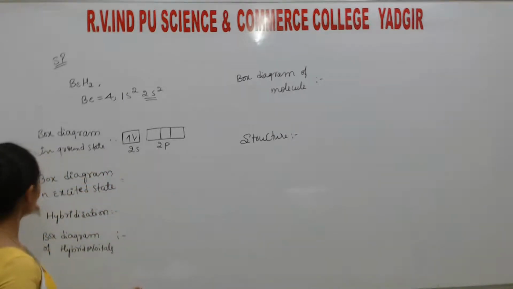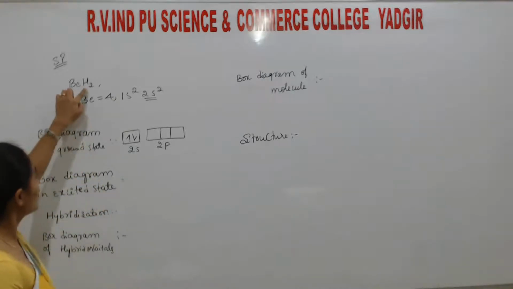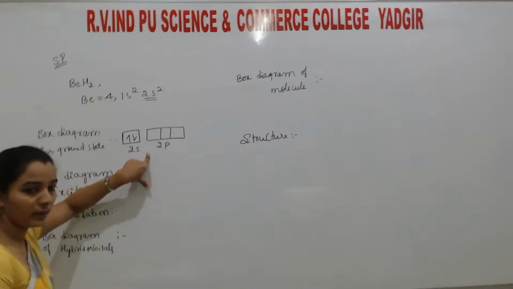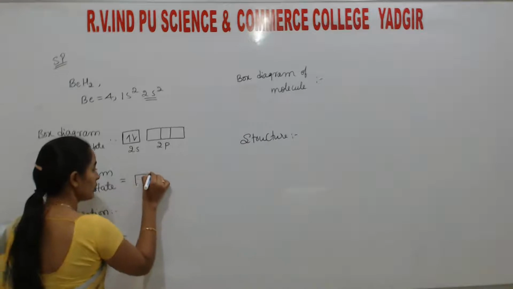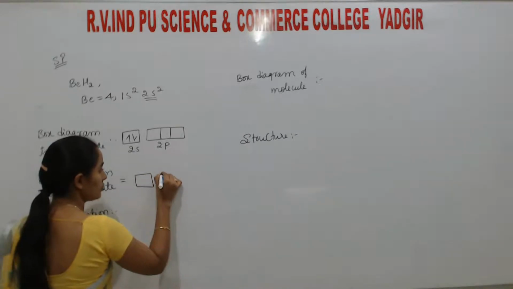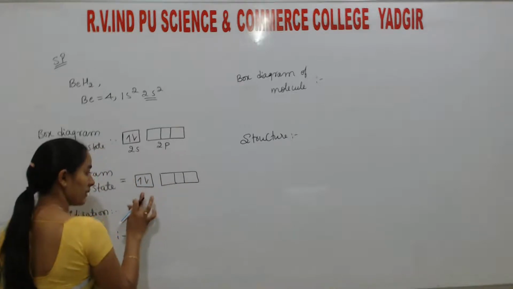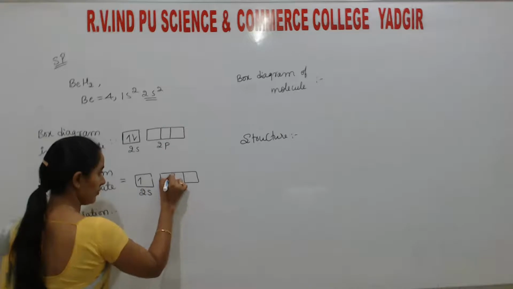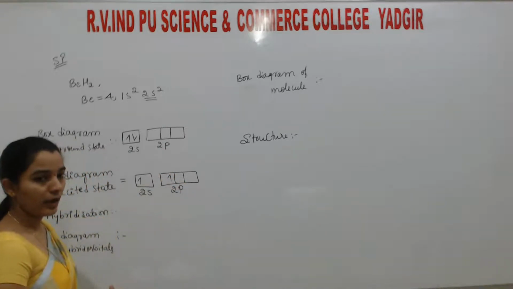Next, the box diagram in the excited state, because here the number of bonds is 2 and there are no electrons for bonding. Then what to do? We need to excite the atom. The 2s orbital is here, the 2p orbital is here, and the electrons are present only in 2s. So we need to excite an electron from the 2s orbital to the 2p orbital.